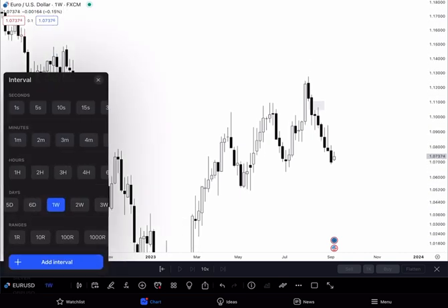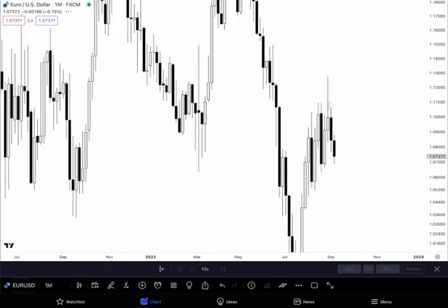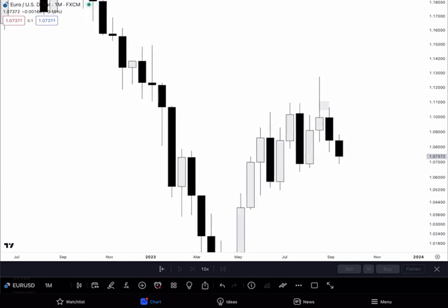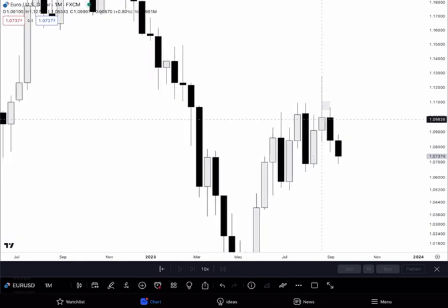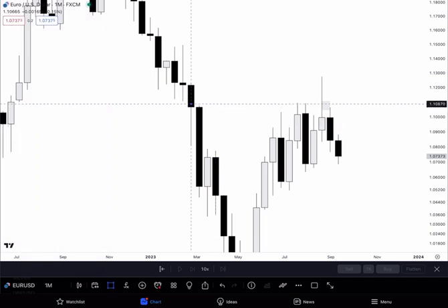Not just the higher time frame. If you go to the monthly, you have formed a nice rejection candle, and a rejection can be defined in many ways. It can be defined by either wicking above a previous candle, right? Wicking from an FVG, like here.